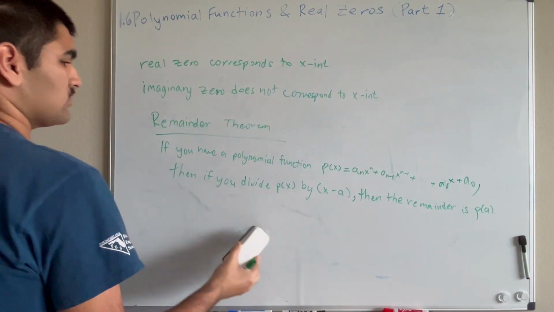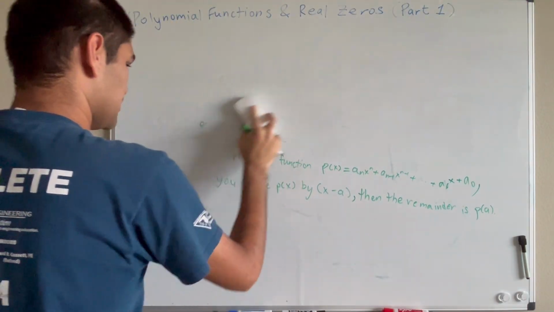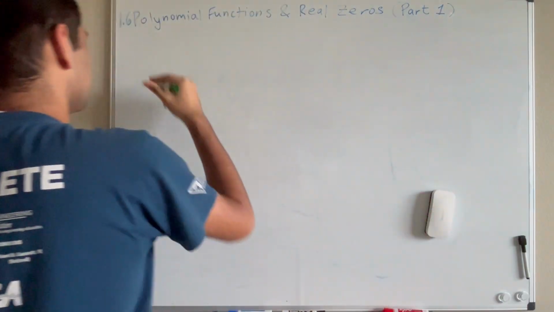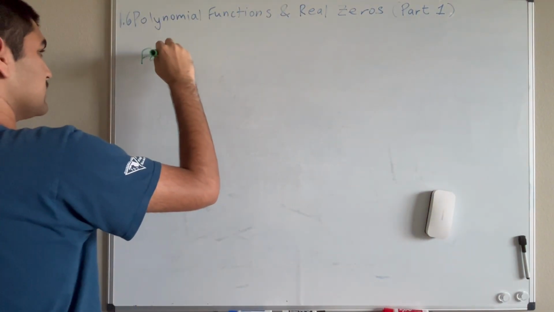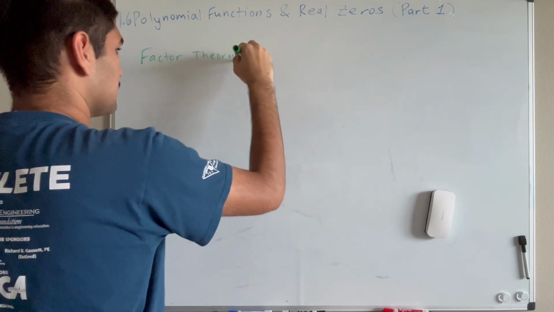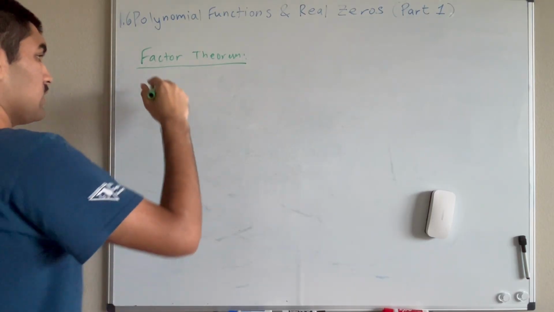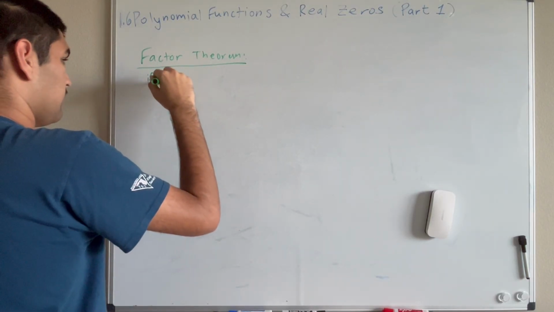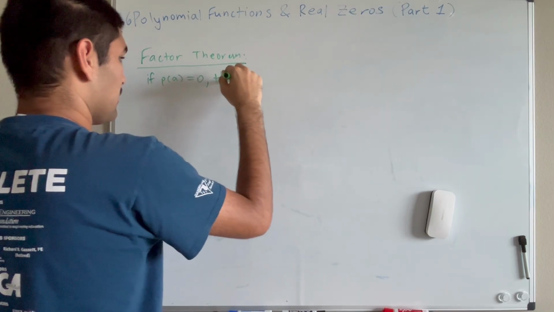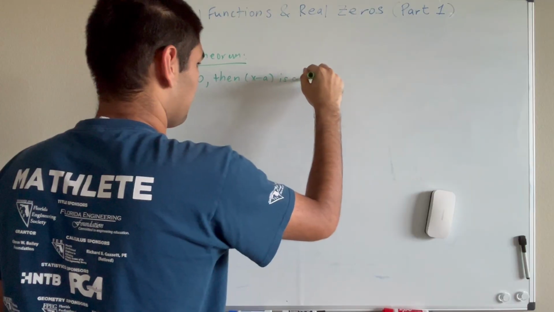Now let's move on to our next theorem, which is the factor theorem. What the factor theorem says is that if P of a is equal to 0, then x minus a is a factor of P of x.